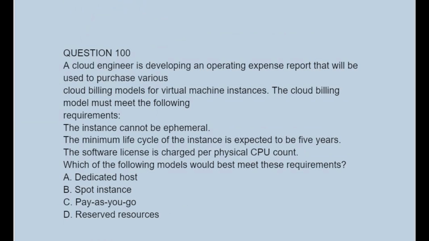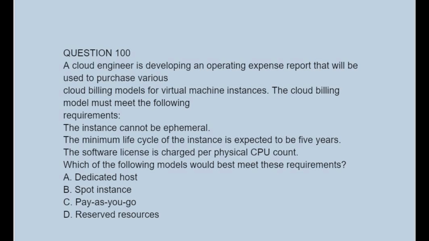Question is, a cloud engineer is developing an operating expense report that will be used to purchase various cloud billing models for virtual machine instances. The cloud billing model must meet the following requirements. The instance cannot be ephemeral. The minimum life cycle of the instance is expected to be 5 years.